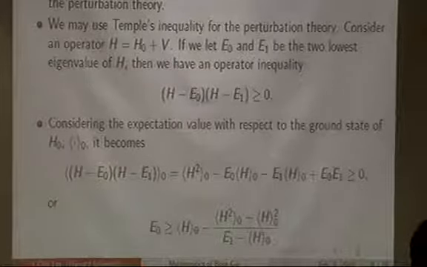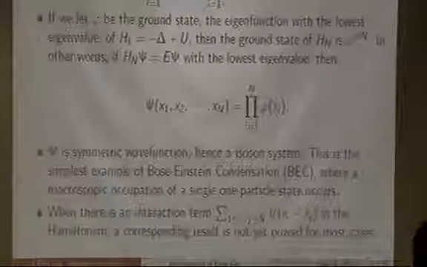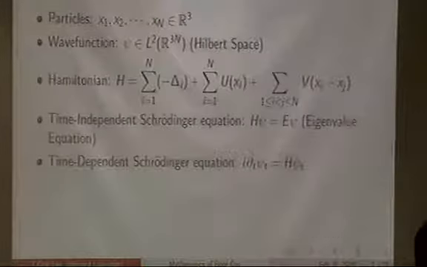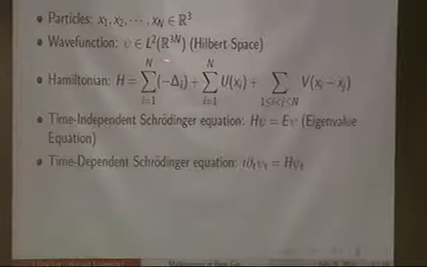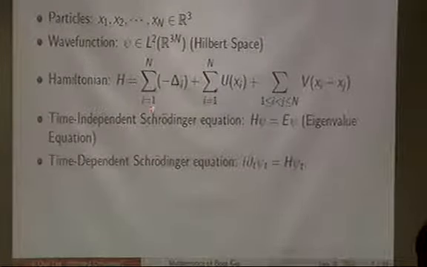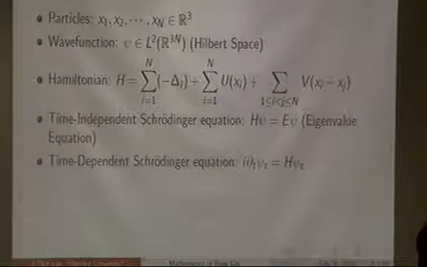So in this case of Hamiltonian, if you assume that this is H0, then the ground state of this operator is just a constant, because that gives 0.